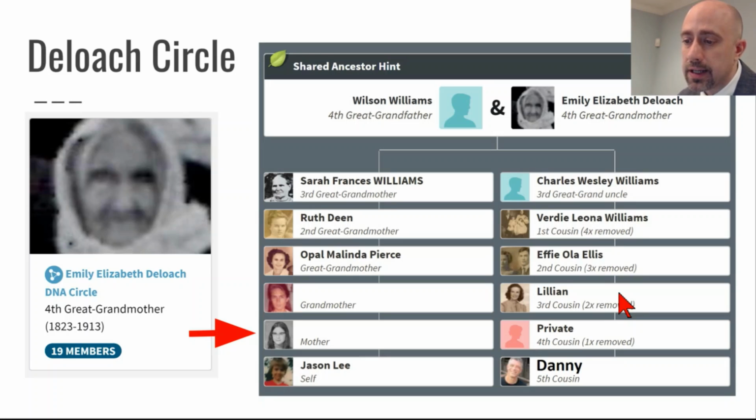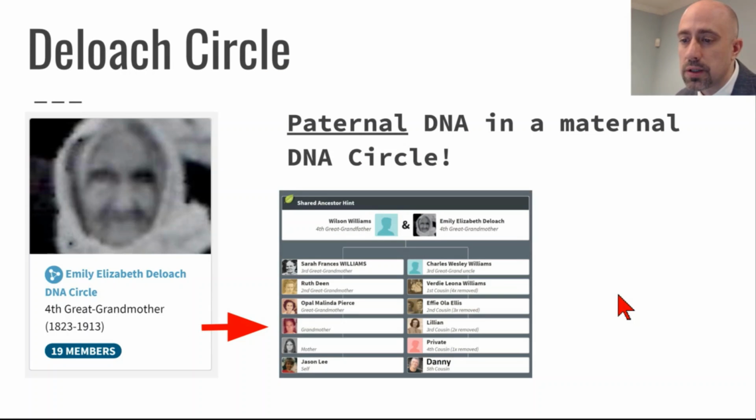However, by examining the DNA evidence at 23andMe and GEDmatch, we were able to determine that the DNA that I share with Danny did not come to me from my mother. This DNA came to me from my father. So this shared ancestor hint really falls apart in light of that information. I could not have inherited this DNA from Emily Elizabeth Deloach if it came from my father. My father is not a descendant of Emily Elizabeth Deloach.